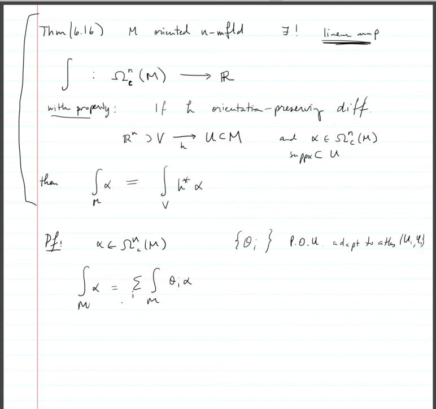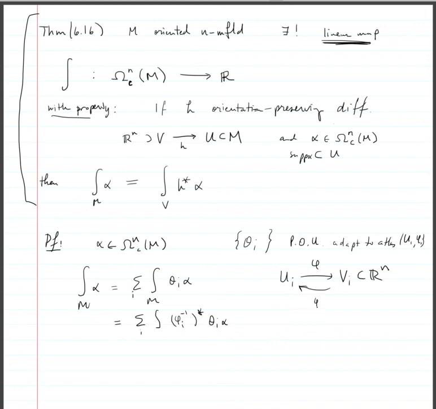Then I'll have an atlas, let's say ui, and then phi i to vi inside Rn, right? So this means that what I could do is take phi I inverse and pull back this theta I alpha.